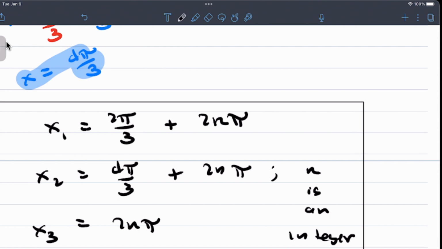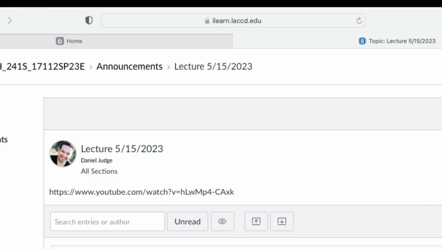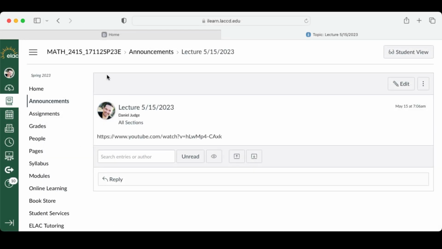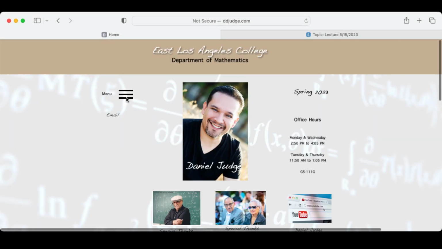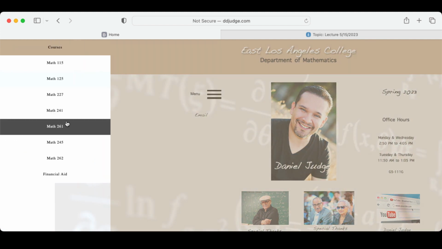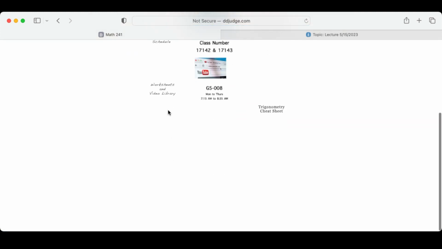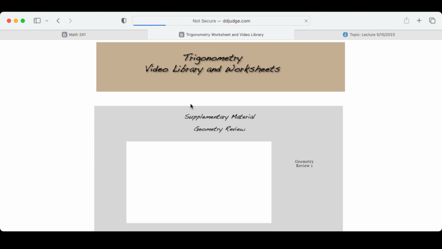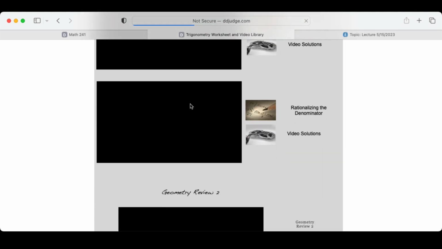So when you look in the back of the book, you should see all of these solutions here. Now, remember, you might say to me, hey, Mr. Judge, where can I see some other examples? Because I want to see more examples here, right? Well, go to the worksheet here.